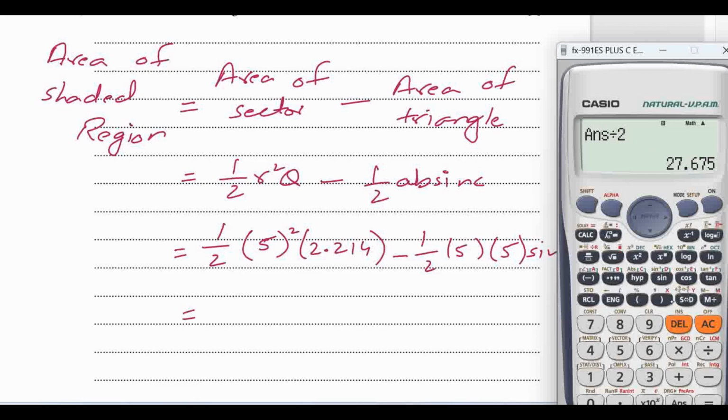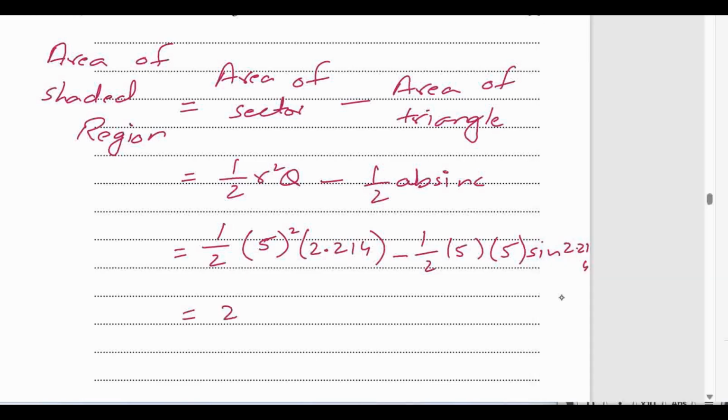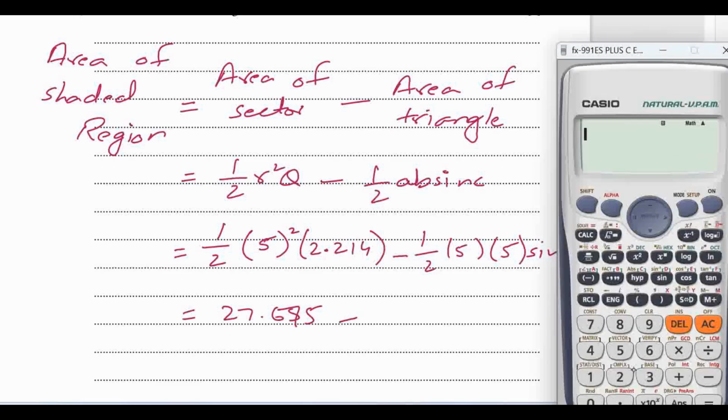This will be 27.675. 27.675 minus, let's find out the other one, 5 into 5 into sine of 2.214 divided by 2. So this will be equals to 10.